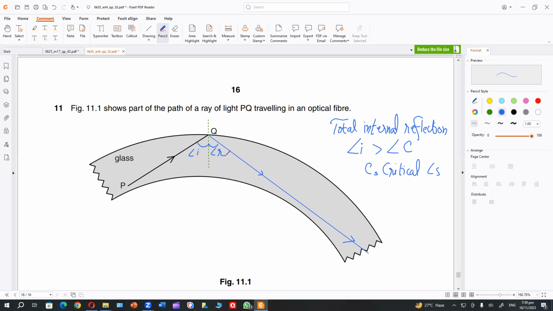Please share with me if you have drawn it. Have you drawn it?